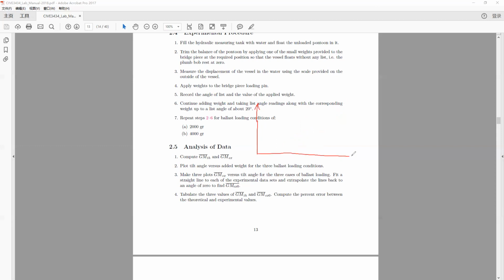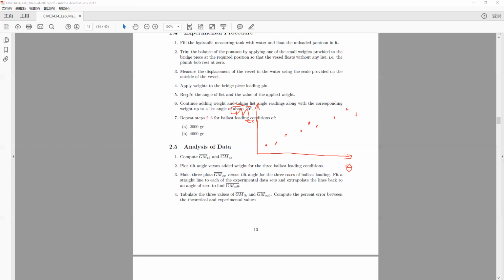So the plot will become: the x-axis is the tilting angle, and the y-axis is your GM experimental. You will also have lots of points. It's a scatter plot. You're just doing a scatter plot.